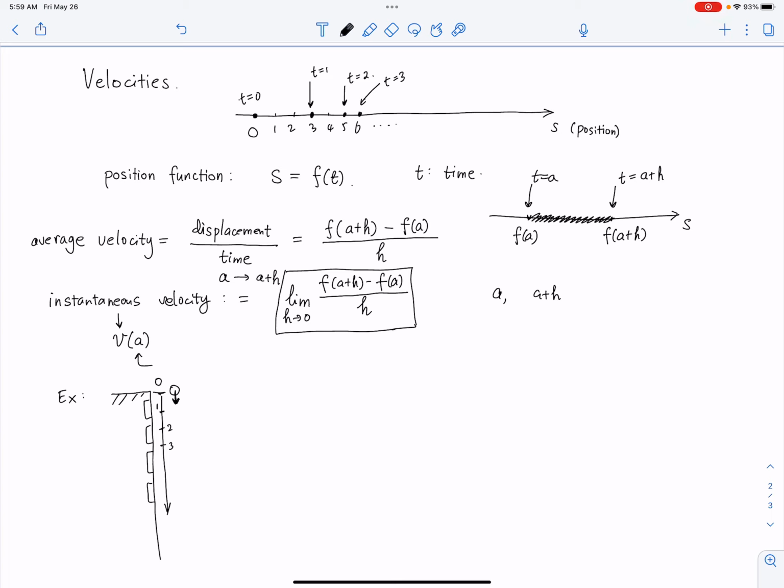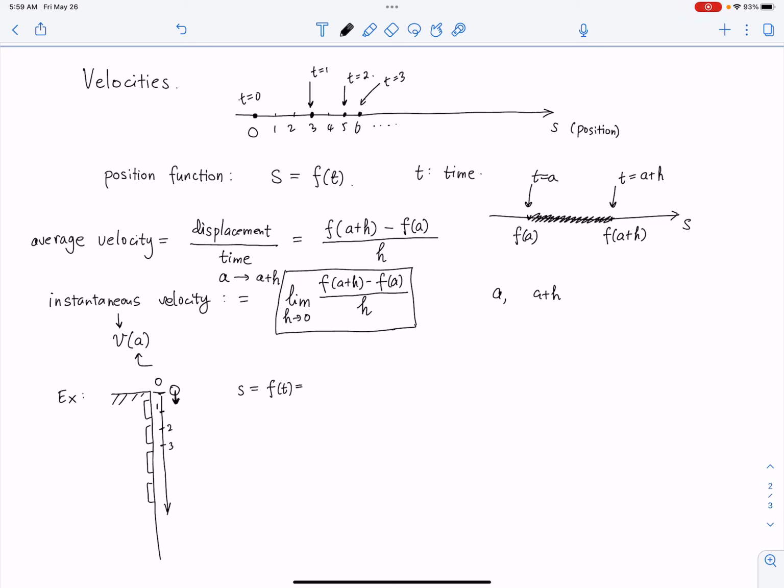So the position, or f of t, which is how far this ball is after t. Okay, after say 1 second, where is the ball? After 3 seconds, where is the ball?